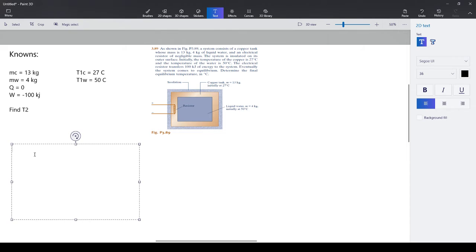So, right here, let's write Q minus W is equal to U2 minus U1, right? Does this equation help us at all? This is the very base equation, by the way. It may not exactly fit us, but base energy balance.